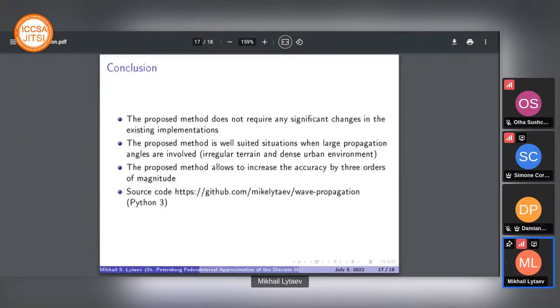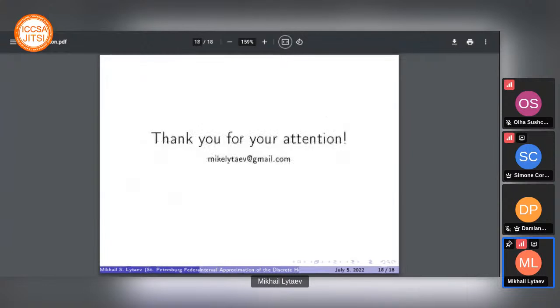The proposed method is well suited for situations when large propagation angles are involved. These are the cases of irregular terrain modeling and propagation in dense urban environment. The source code of the proposed method is freely available in a GitHub repository, and it is implemented in Python 3. Thank you for your attention.